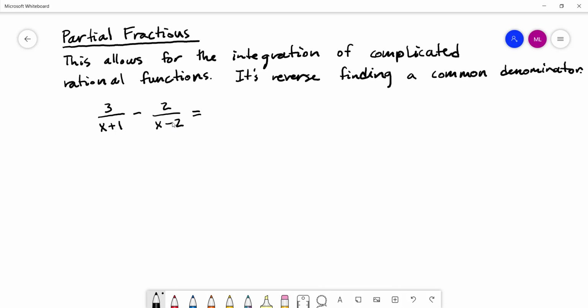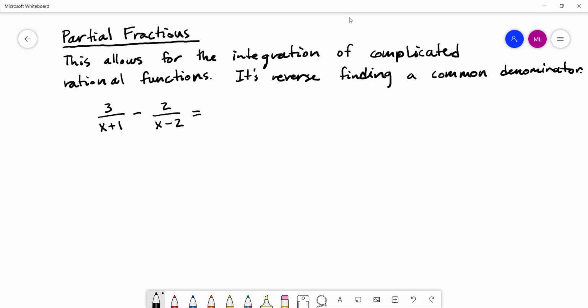To do that, we would need to find our common denominator. I'd notice the common denominator in this case is going to be an x minus 2 times an x plus 1. And so this fraction needs to be multiplied by 1, but that special form of 1 that's x minus 2 over x minus 2. And similarly, this one needs to be multiplied by x plus 1 over x plus 1.